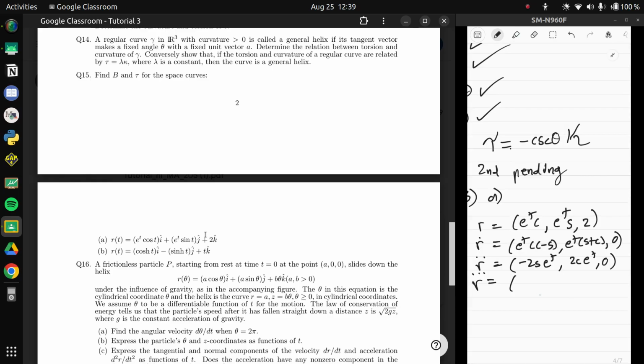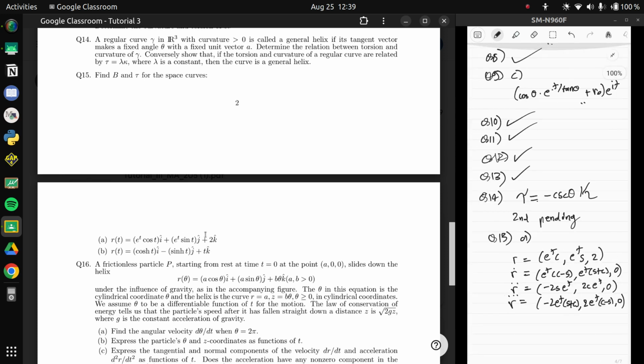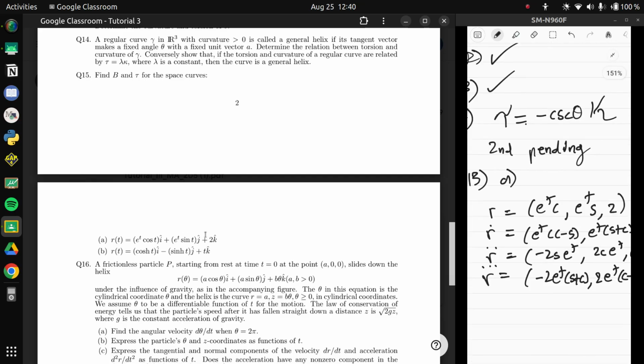It's very familiar somehow. So this just turns out to be s plus c, right? So just minus 2 e power t s plus c, and this would just be cosine turns out to be this stuff. So just 2 e power t c minus s 0. Sure. So the torsion isn't so hard to figure out. The b vector, you can figure that out as r dot dotted with r double dot, right?